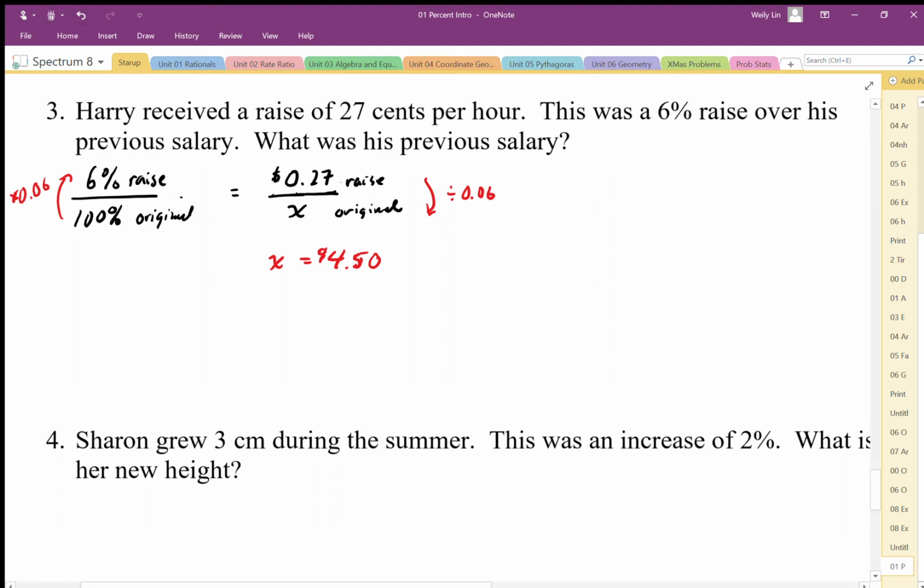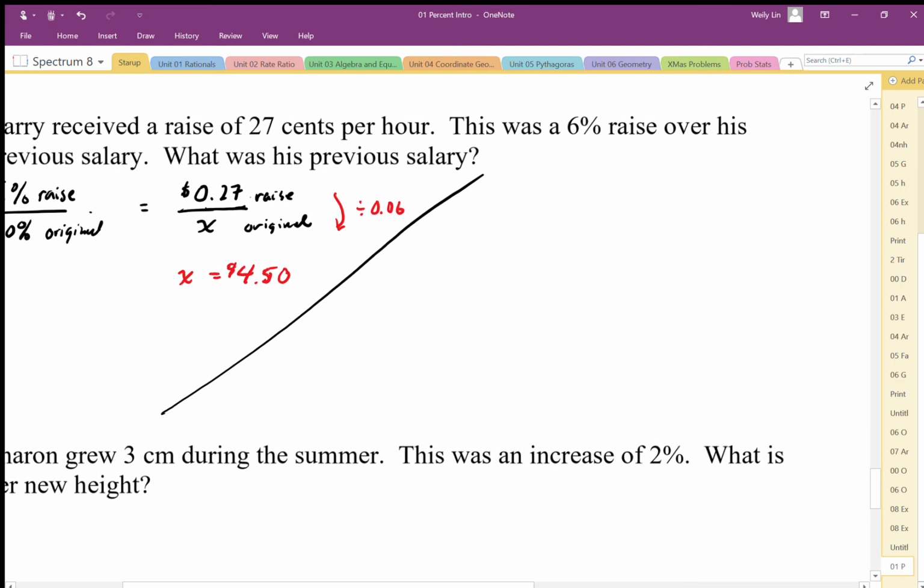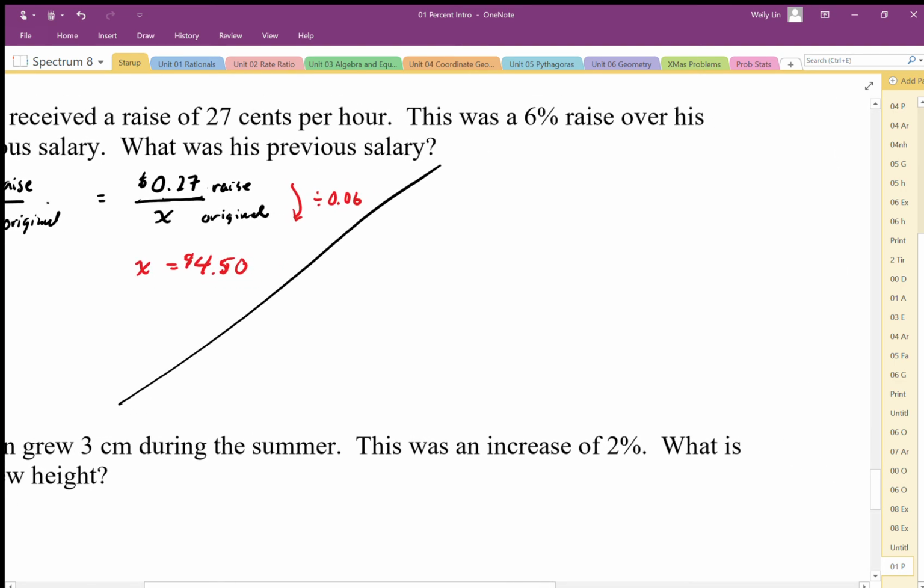Okay, so that's my original hourly rate, or the previous salary. So we can also do this using that same multiplying strategy as before. The 27 cents per hour, okay, this is a raise, and we can multiply that by, well, I really want the 100%, and the 6% is my raise.